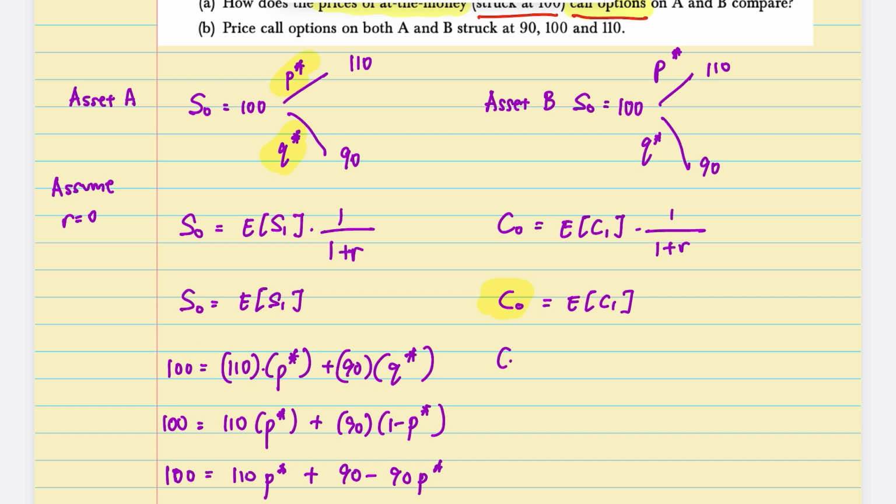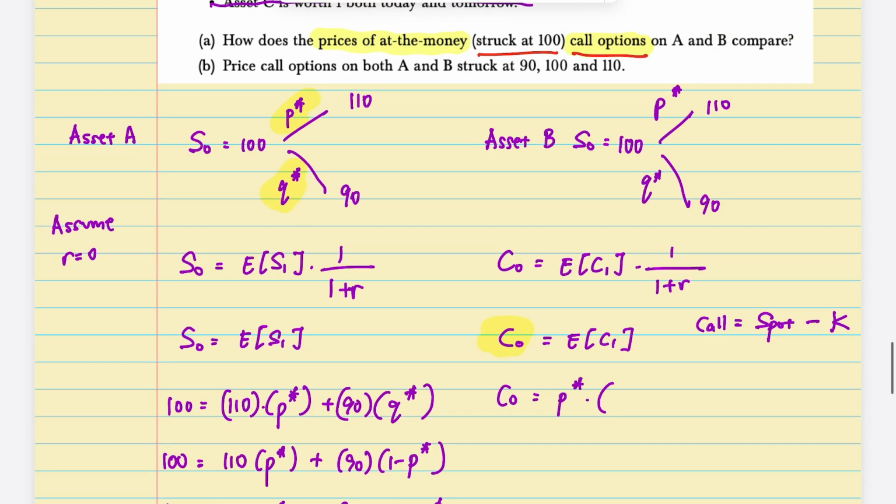C0 equals, over here, P times... a call option always equals spot minus strike. K refers to the strike price, and call equals spot price minus strike price.